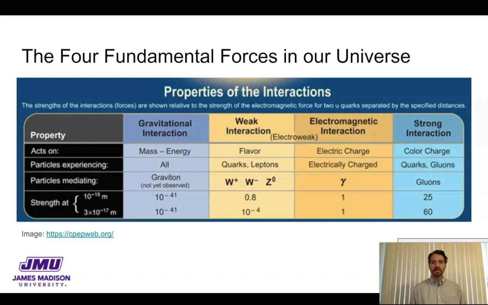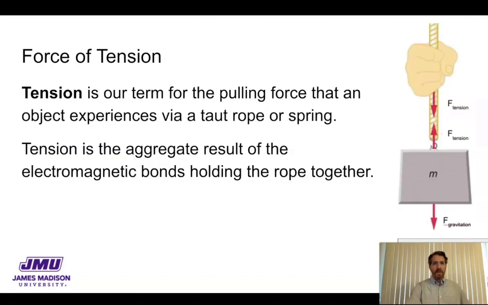And the answer is almost every interaction you have with objects around you is some manifestation of the electromagnetic force. Other than gravity, every interaction that you're having is electromagnetic. Let me explain. We have the term tension.